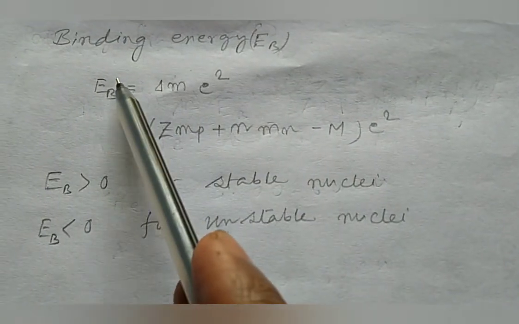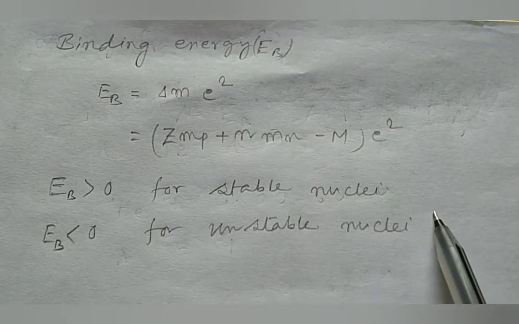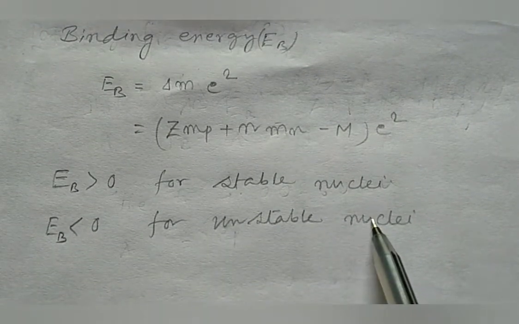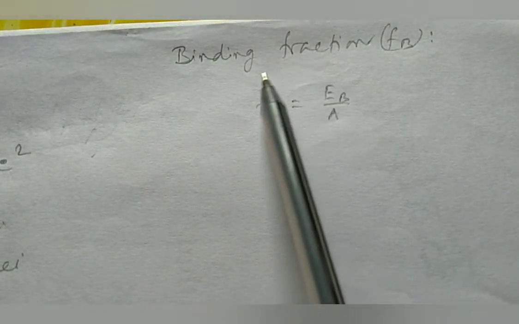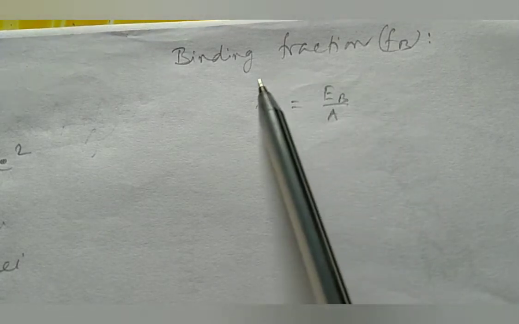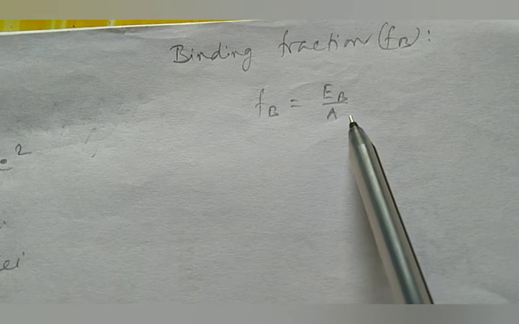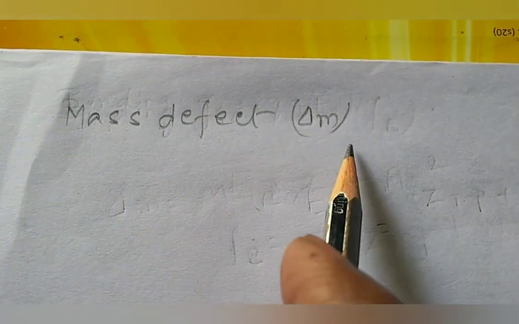Now, this binding energy is positive for stable nuclei and it is negative for unstable nuclei. Now we discuss about the binding fraction. The binding fraction of a nucleus is the ratio between the binding energy and the mass number of that nucleus.